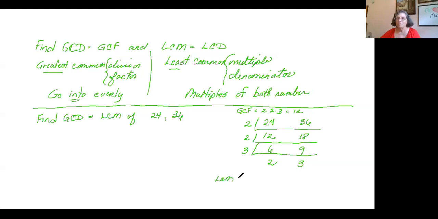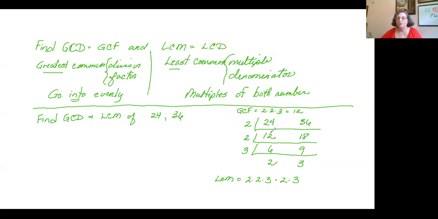The least common multiple is going to be all of these times all of these. So that's going to be 2 times 2 times 3, this column, times 2 times 3, this row. 24 is actually 2 times 2 times 2 times 3. 36 is 2 times 2 times 3 times 3.